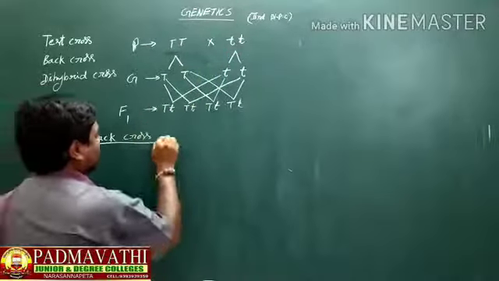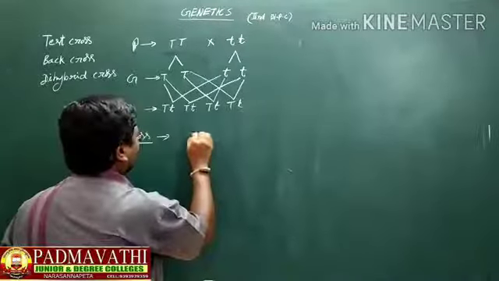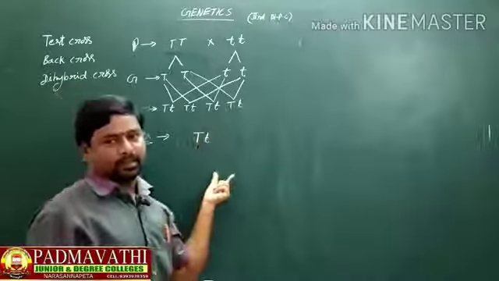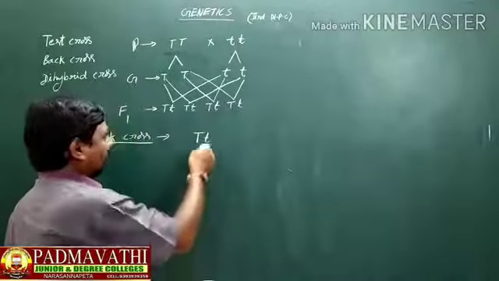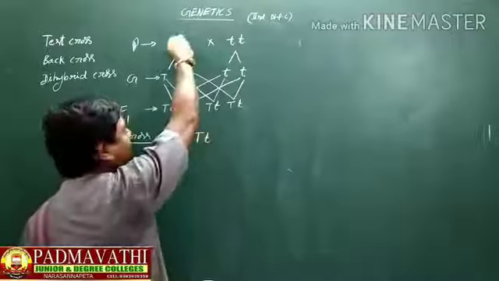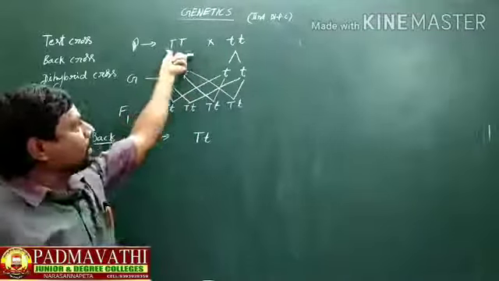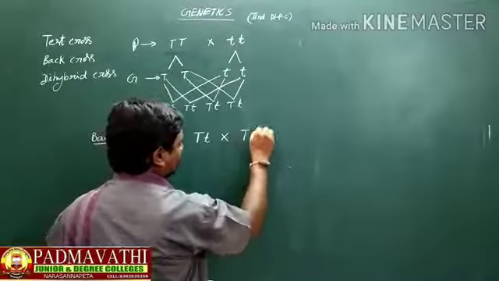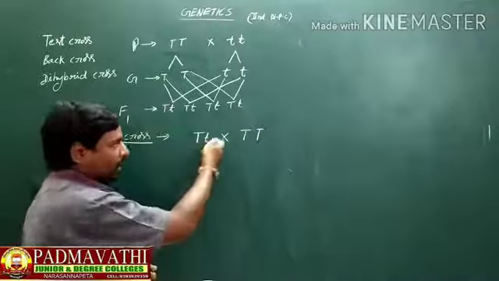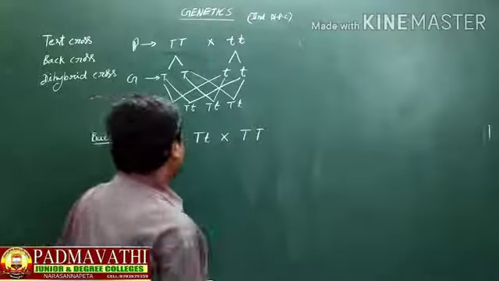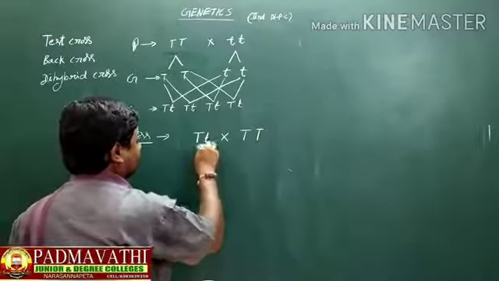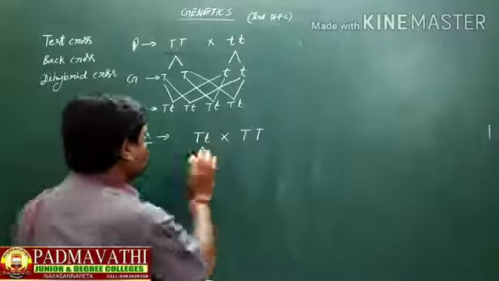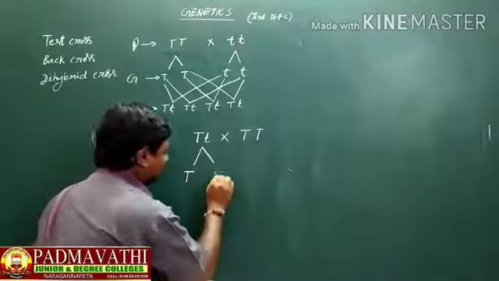Now, the F1 generation, heterozygous tall, is crossed with its parents, either tall or dwarf. Heterozygous tall and pure tall, homozygous tall. Here two gametes are produced from heterozygous tall, big T and small t.